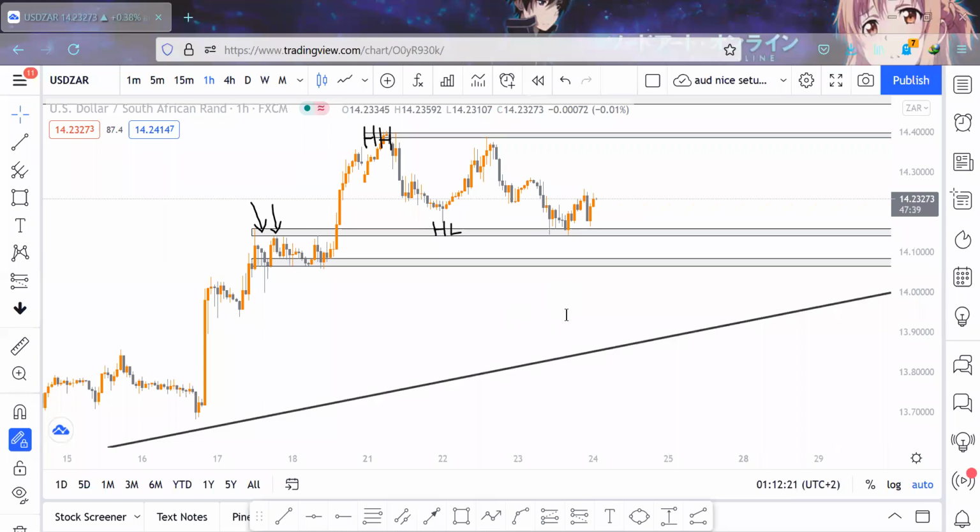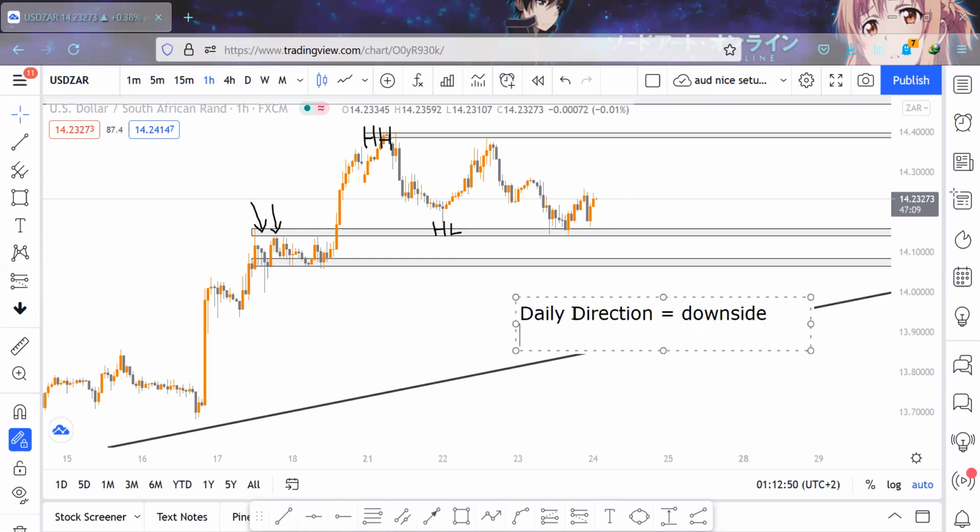Okay. We have daily direction being to the downside, right? That is the daily direction, right?